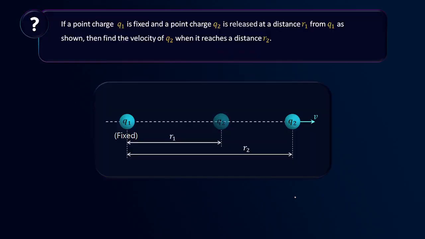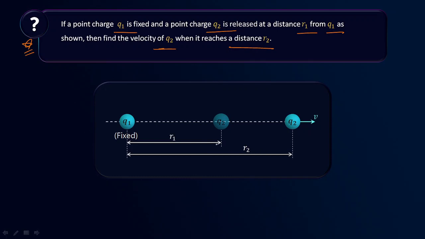Question says that, now it is a good question. Why we say good question is when more than one concept is used in a question, then that question is good. So if a point charge q1 is fixed at a and a point charge q2 is released at a distance r1 from q1 as shown, find the velocity of q2 when it reaches a distance r2.